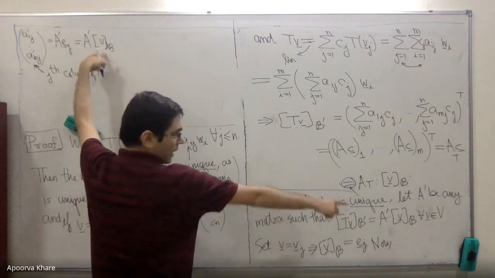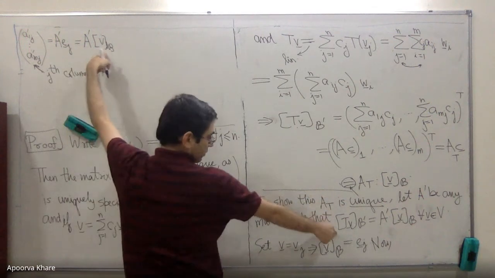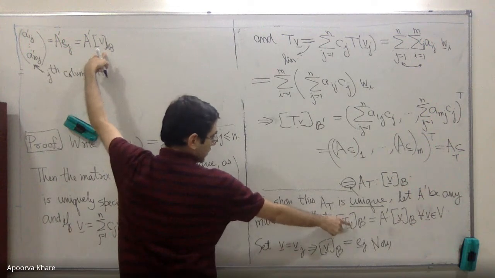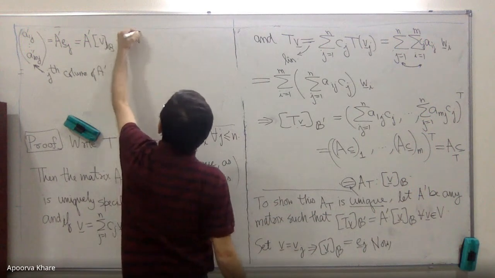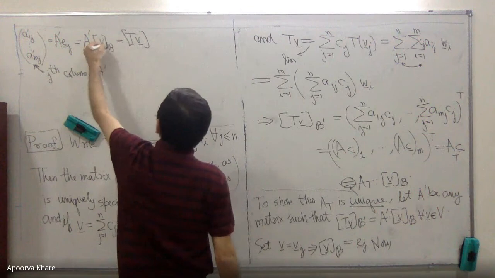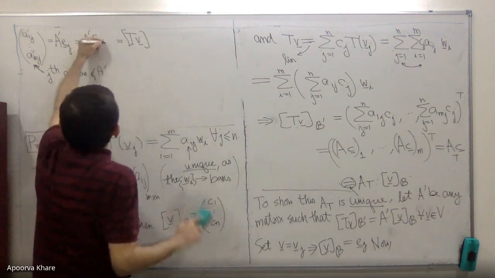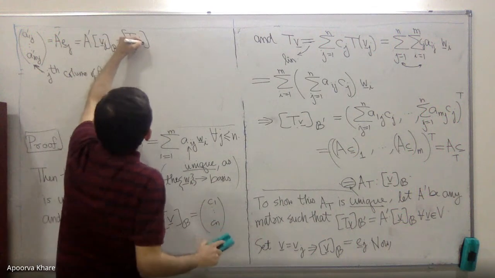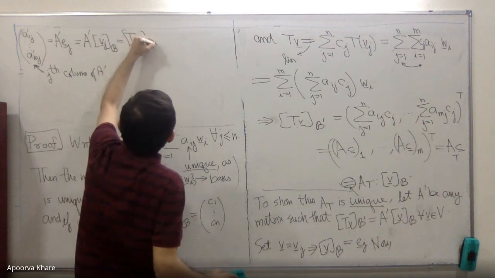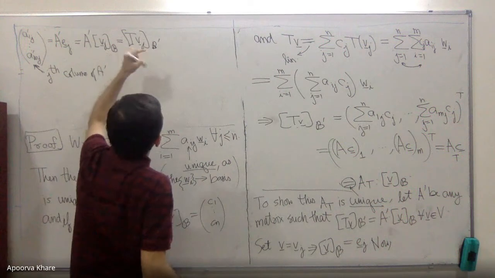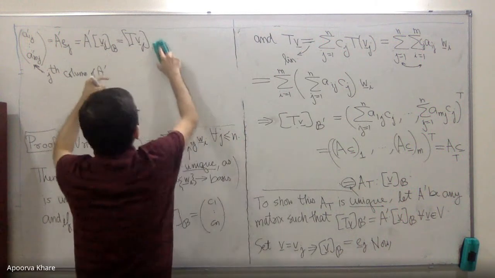On the other hand, A prime times VB by assumption is TV. Sorry, this is not VB, this is Vj. I should just write Vj. TVj, and now it's in V prime. Well, but what is TVj in V prime?